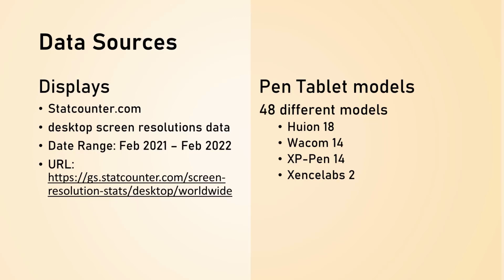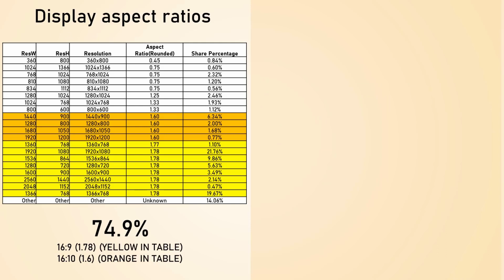I looked at two sources of data. The first is statcounter.com. I pulled the desktop screen resolutions data from February 2021 to February 2022. The second dataset comes from information I collected from 48 different pen tablet models that are currently in the market or being used. Let's take a look at the data around the aspect ratio of displays first.